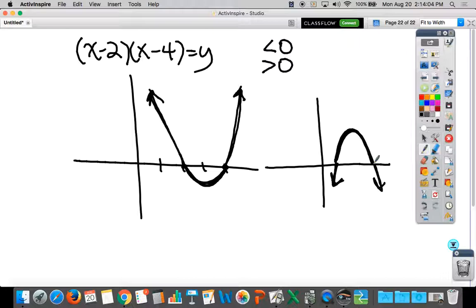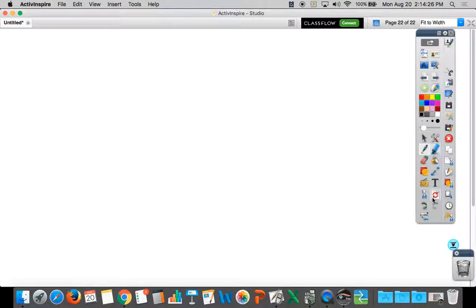So it all depends on if it's a downward facing U or an upward facing U. But I want you to see, you do not have graphers, so you have to understand this at a little more in-depth level than just throwing it up on the grapher calculator and looking at it. So that's what's happening here. A couple of other things. Let me go over these real quick before we do another example.